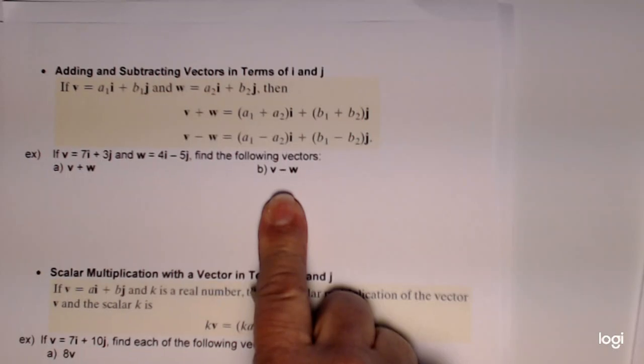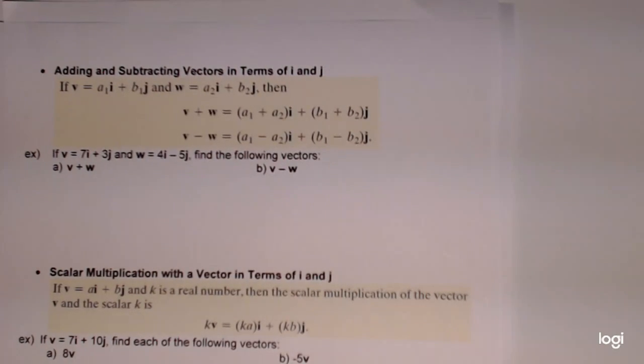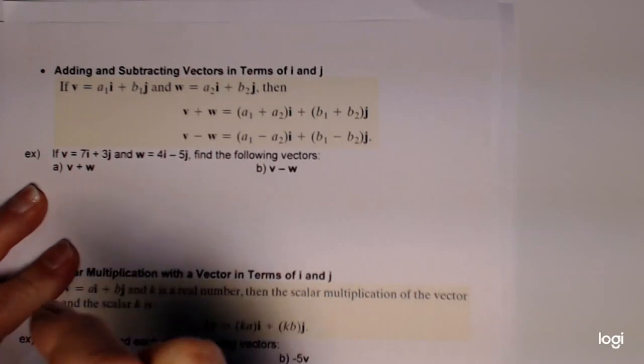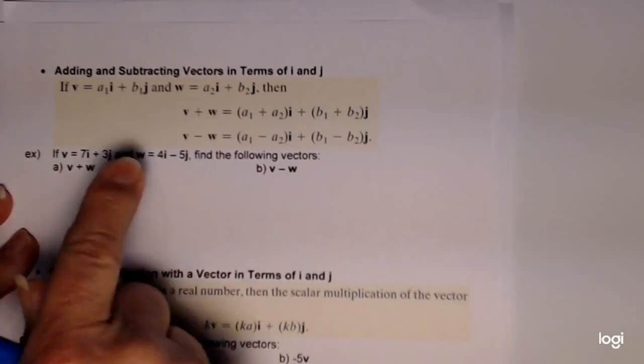Two examples here. First, we're going to add these two vectors. So to add these vectors, we're going to add what's in front of the i's. So we have 7 plus 4.